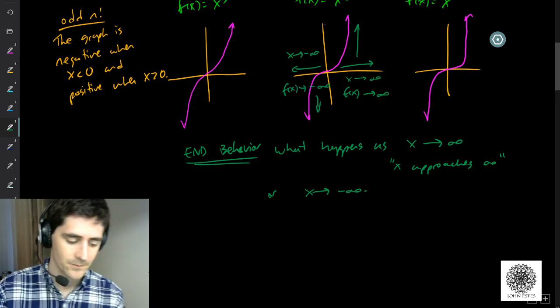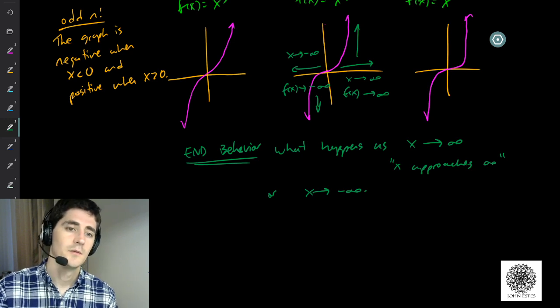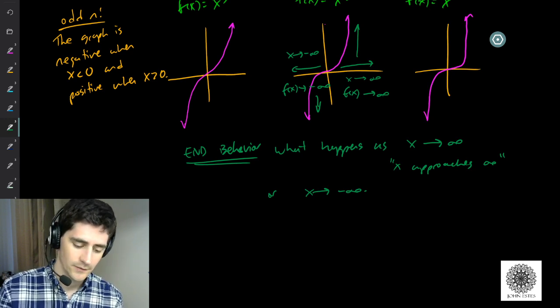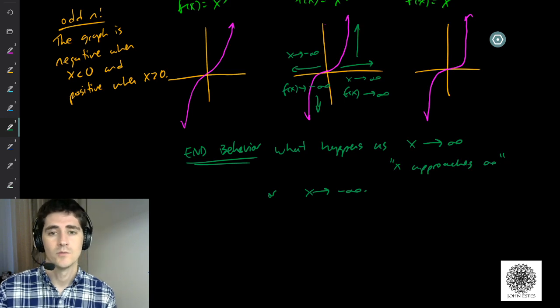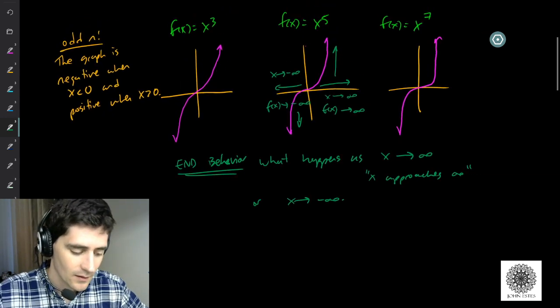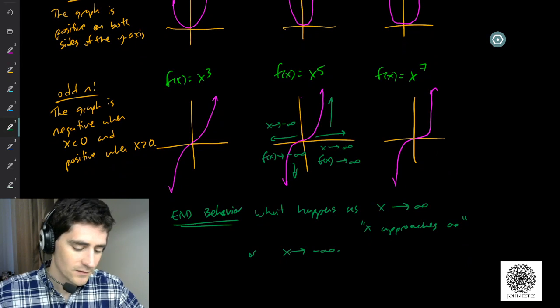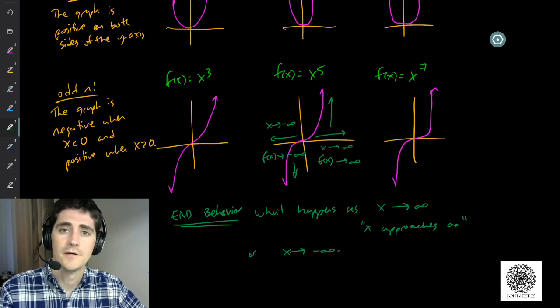And if we're going to be a little bit more precise, and again, this is a detail we'll cover in more detail in chapter 5, we could say that for the even power functions, the end behavior is as x goes to infinity or negative infinity, the function f of x goes to positive infinity.